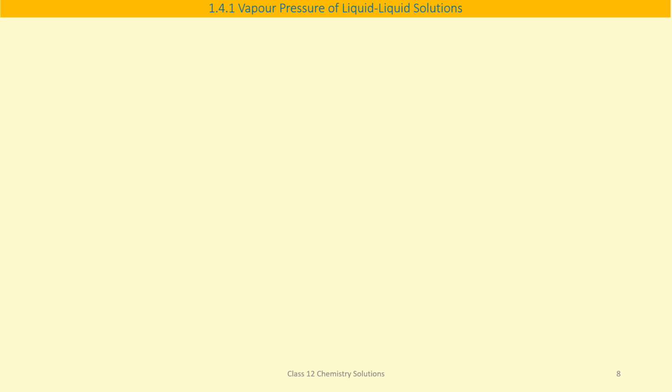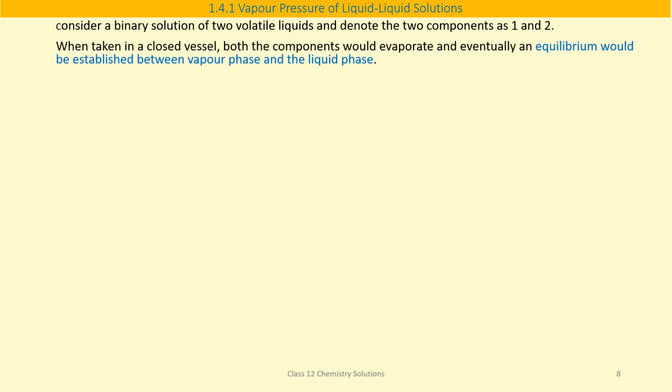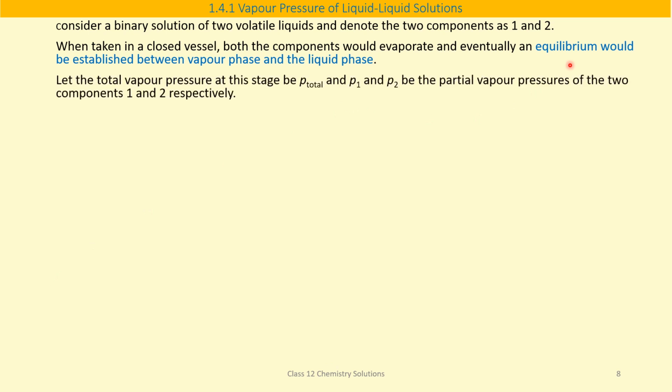Vapor pressure of liquid-liquid solutions. Consider a binary solution of two volatile liquids. I denote them as 1 and 2. When taken in a closed vessel, both the components would evaporate, and eventually an equilibrium would be established between the vapor phase and the liquid phase.